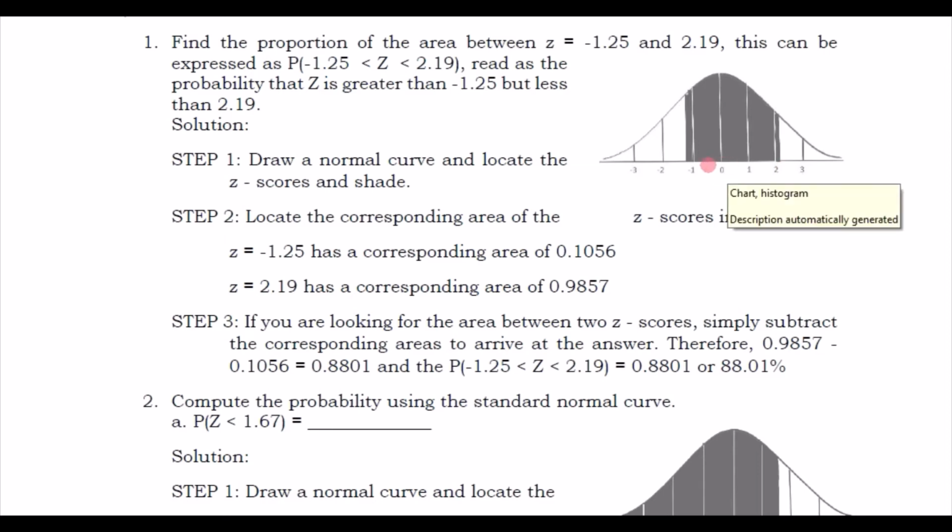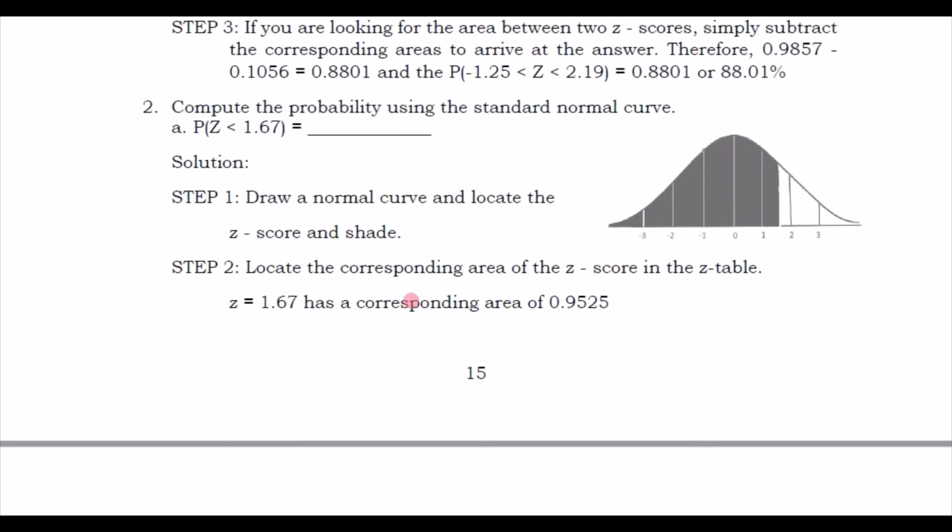And from 0 to negative 1.25, that is 0.1056. So, what you're gonna do is to add the left side to the right side to get the total distribution or the total probability distribution.